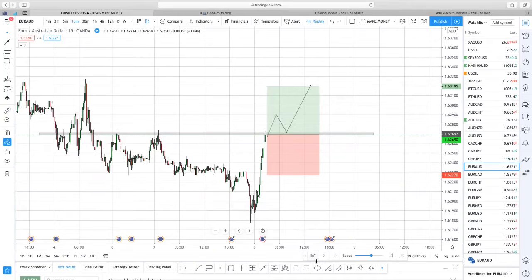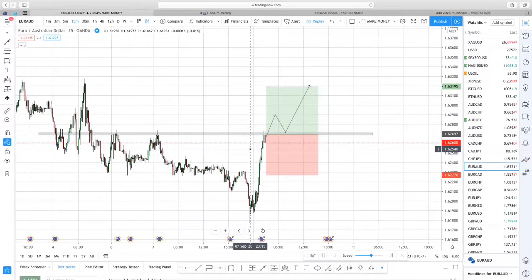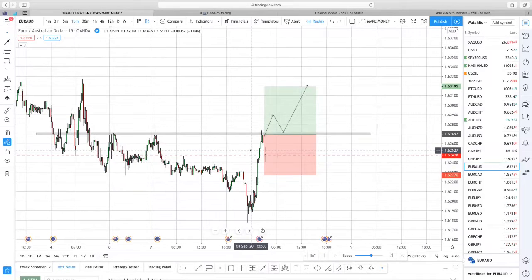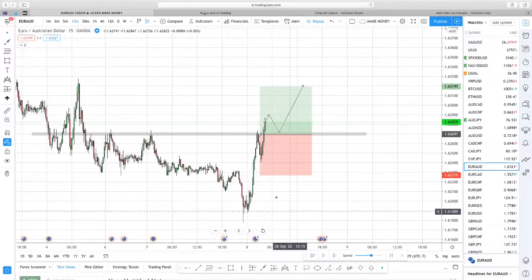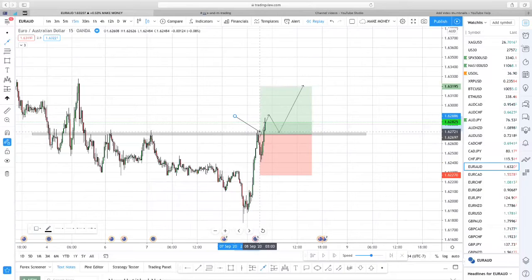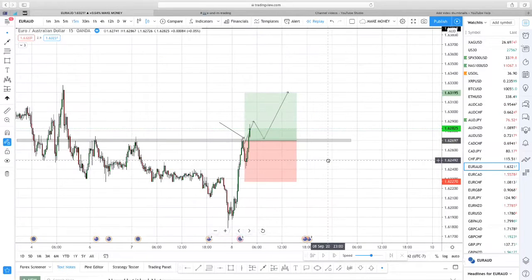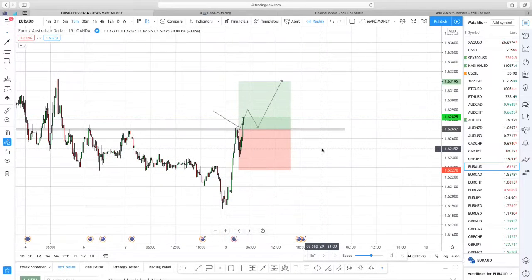As soon as price went past this level, you saw it, you set your alarm, boom, you got into the trade. So that's pretty much instant execution. Easy stuff. Let's go on to the next one.